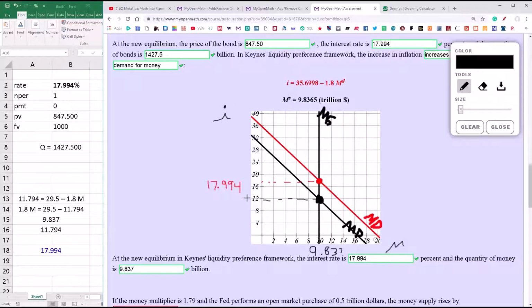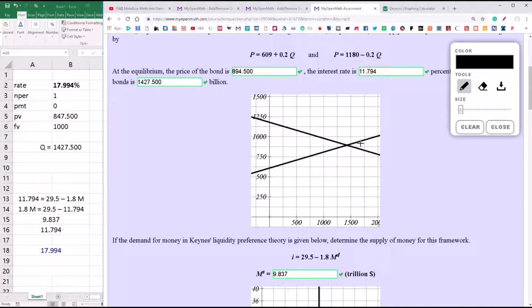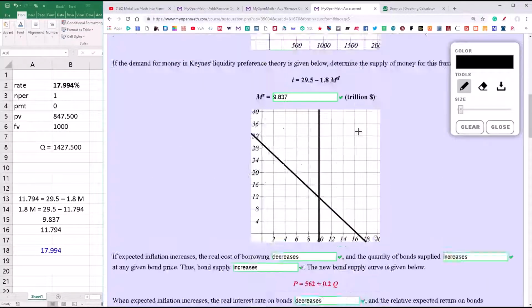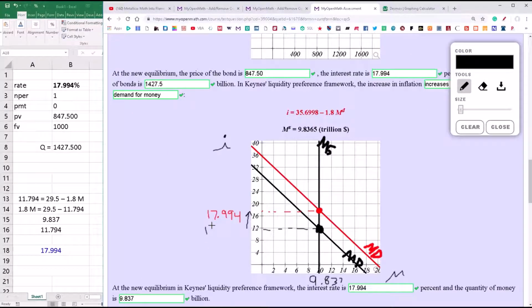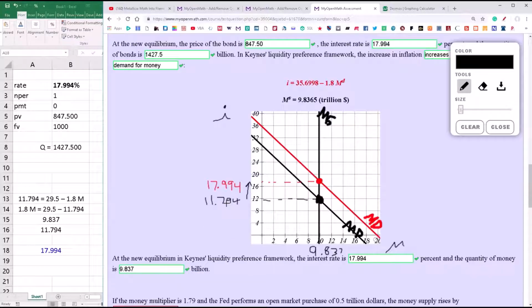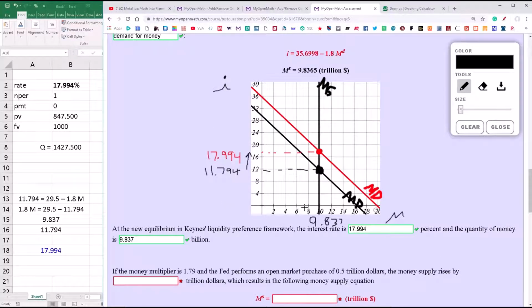So the interest rates rose. The interest rate initially in the bond market was 11.794, so just under 12. So interest rates rose, right? Okay. Any questions on that?